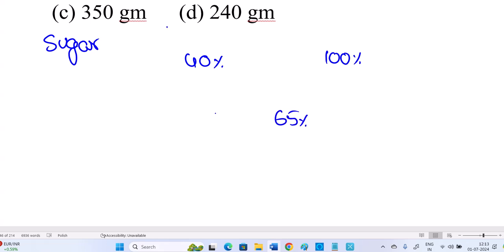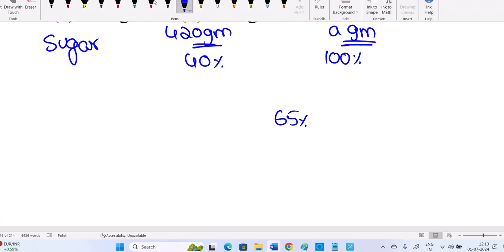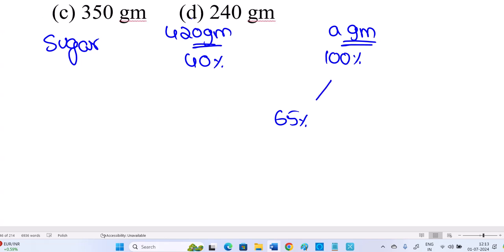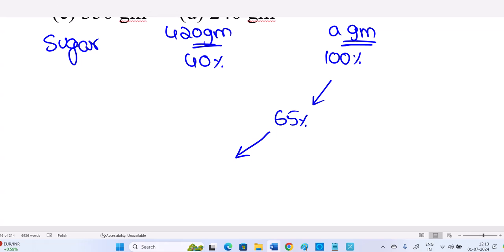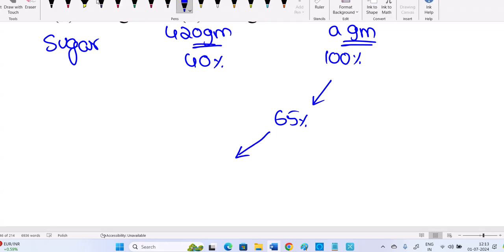65. So out of 420 grams, 40% sugar is there. Then you added pure sugar of A grams. That A value is what you need to calculate. This difference, if you put it on the opposite side, is nothing but 35. And the other side difference is 25.